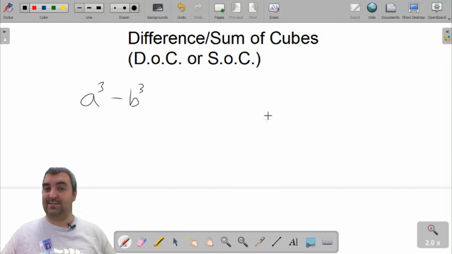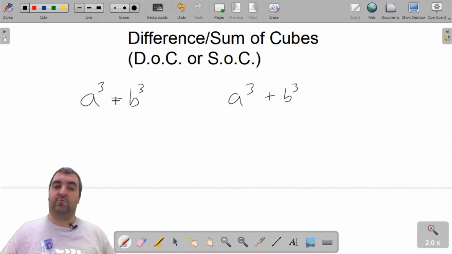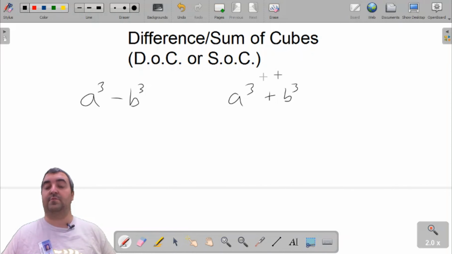For SOC, it's going to look the same, except this time it's a sum. With cubes, we have a rule for difference and a rule for sum. Unlike squares, where there's only the difference of two squares, there's difference and sum for cubes.